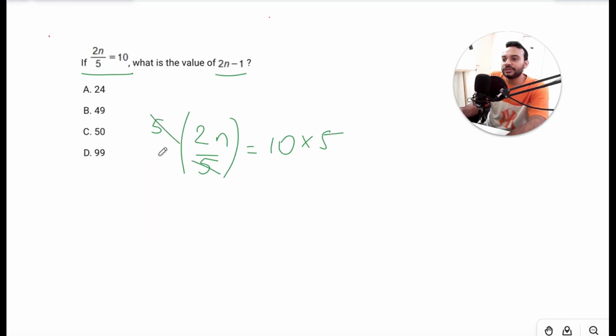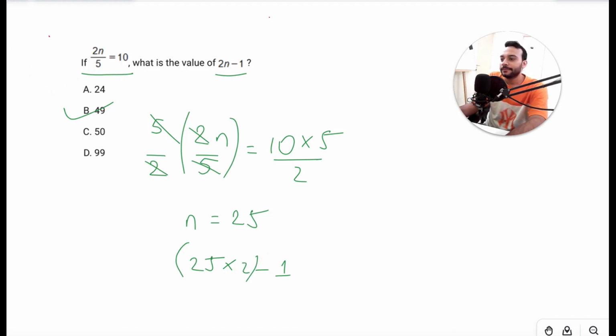Next, divide both sides with a 2 to get rid of the 2 on the left hand side. N is equal to 10 times 5 is 50 over 2 is 25. N is 25. 2n will be 50. Minus 1, 49. Option B. 2n is 25 times 2 minus 1. That's 49. Let's go ahead.